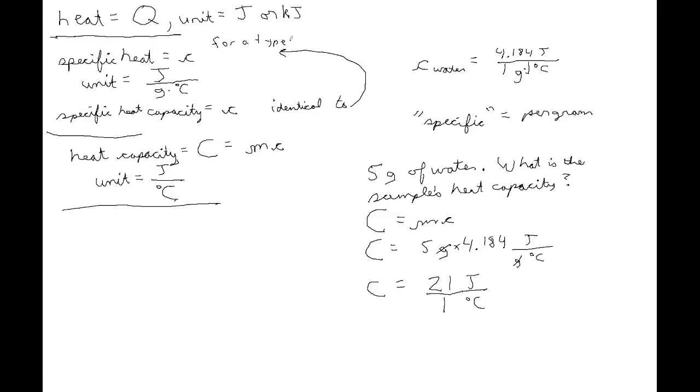For heat capacity, it would be for a certain amount of a substance. The heat capacity is for a given sample that has a set mass.